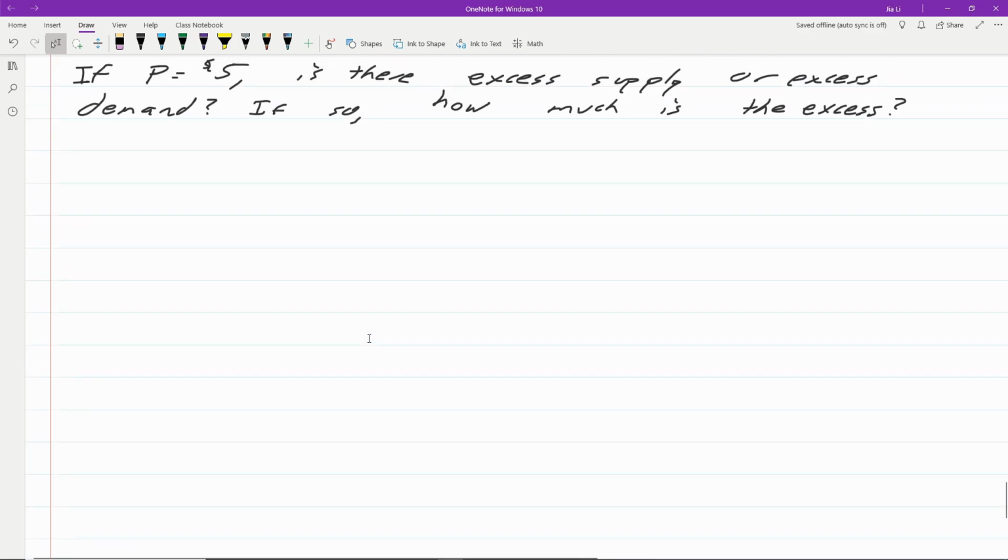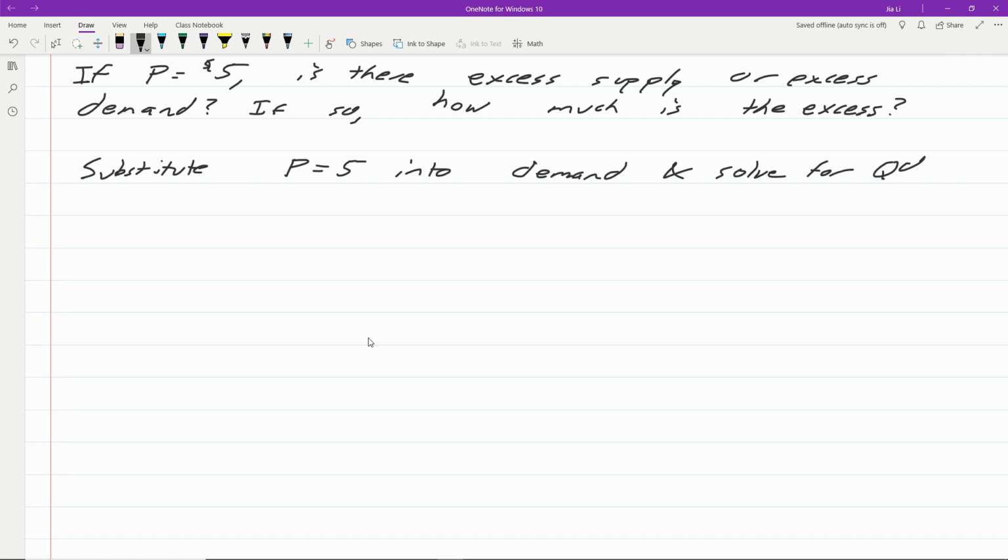So we'll start with demand. So substitute P equals 5 into demand and solve for QD, and then substitute P equals 5 into supply and solve for QS, right?